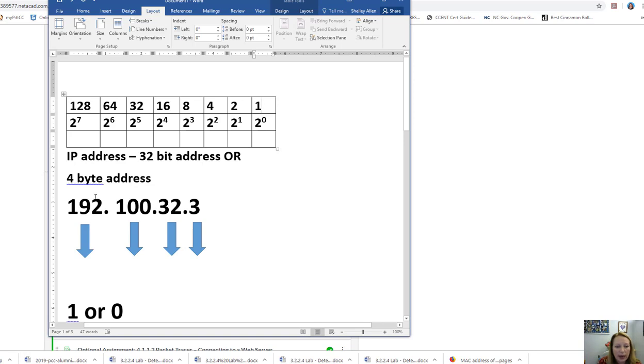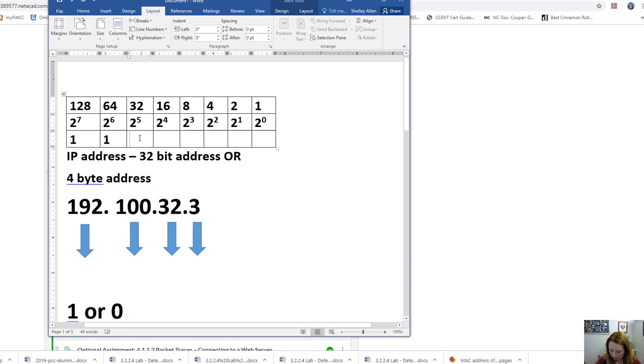How this works is that we take this first number, you do each octet individually, so 192. So if I wanted to calculate 192, this is the bit position, this is 128. So I'm going to put a 1 in the spot where I need that placeholder, a 0 where I don't need it. So 128 plus 64 would be 192.